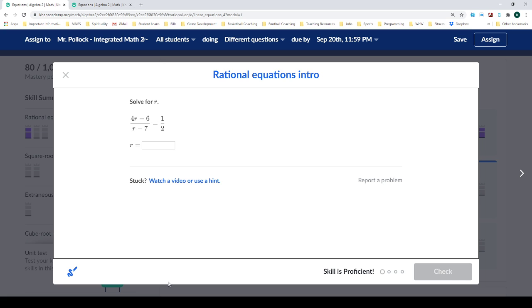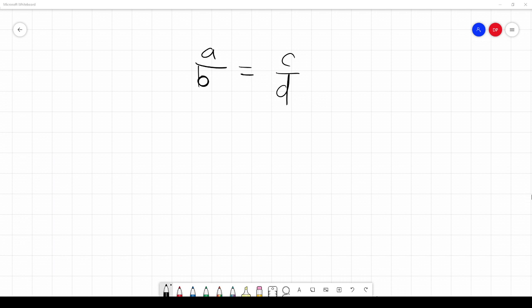This is not going to be as difficult. Before I get into solving this, I want to show you the reasoning for the main trick I use when I solve these. So I'm going to go ahead and hide this window and go into the whiteboard.